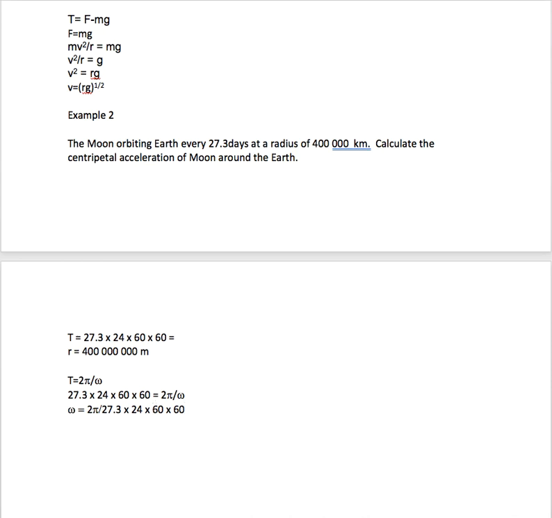And we know that A equals v squared over r. And of course, also v equals r omega.